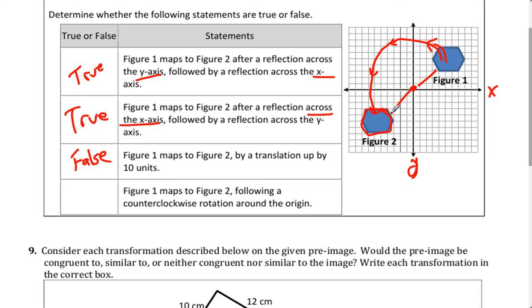Think of this as the radius of the circle of the rotation. As this spins around, this point lands right there. And this point out here, as he spins around the origin, he lands right there. This is a rotation of 180 degrees. Notice it doesn't say how far. It just says some rotation. It's a 180-degree rotation about the origin.